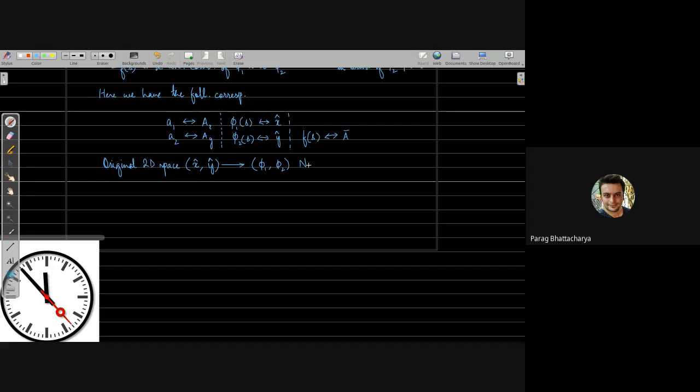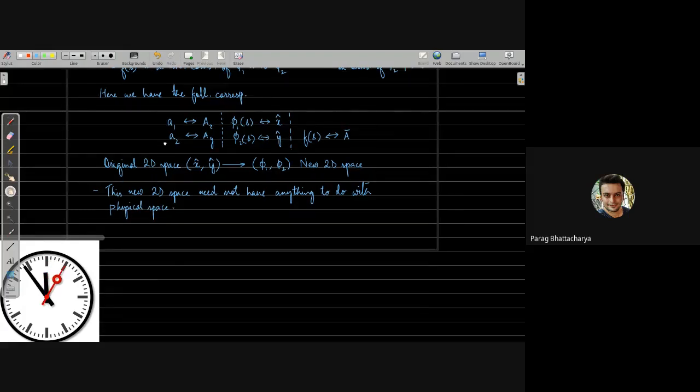Okay, so this is the new two-dimensional space, and it need not have anything to do with physical space.